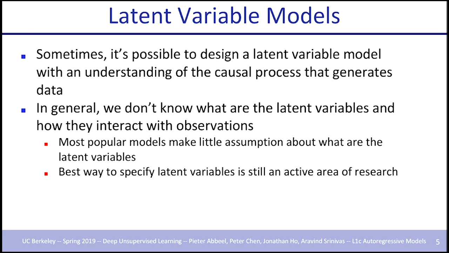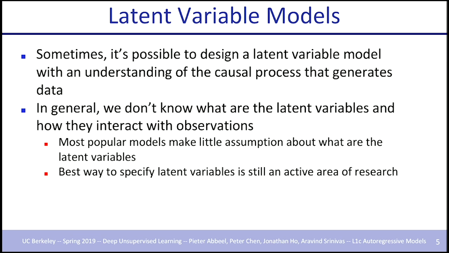So sometimes it's possible to design some latent variable model with an understanding of how things are actually generated. This is sometimes the case in certain scientific processes. You know, certain particles would have some interaction in some random way, and then cause some observation.